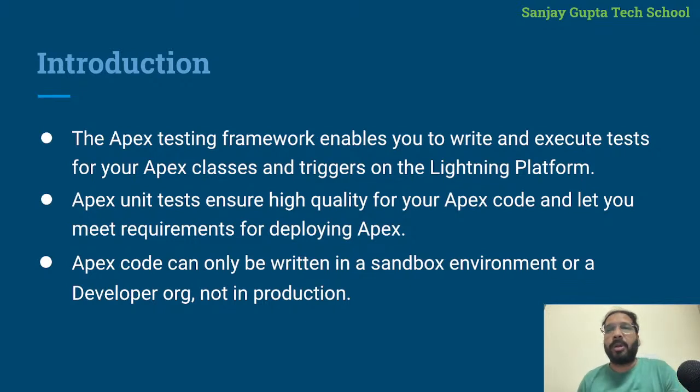You won't be able to write Apex code directly in the production environment. That's why we first create its copy, which is known as a sandbox. In the sandbox, we write all the Apex classes and their test classes, and along with the Apex and test classes together, we deploy the code from sandbox to production, right? This way, you need to understand these terminologies.